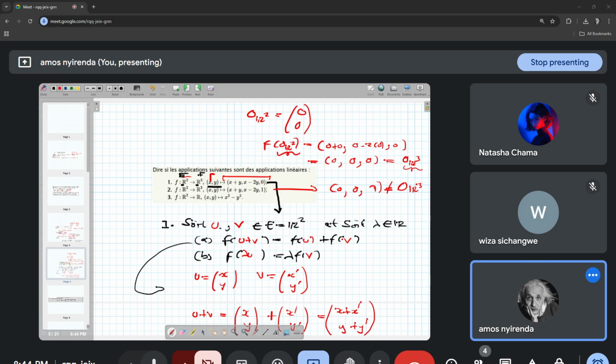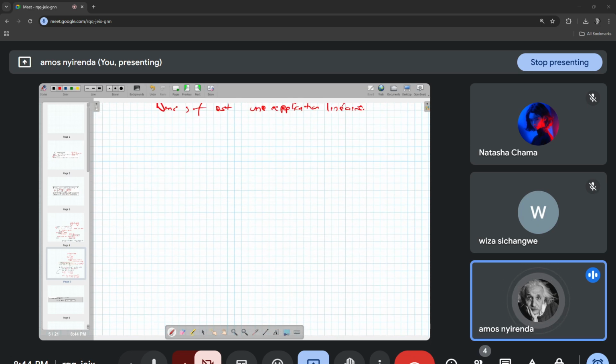So how do we show that? We have to look for a vector, a counter example, such that either the first property is going to be false, or the second property is going to be false. Let's look at one very funny example here.